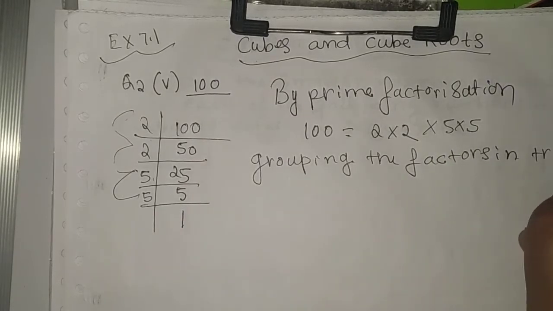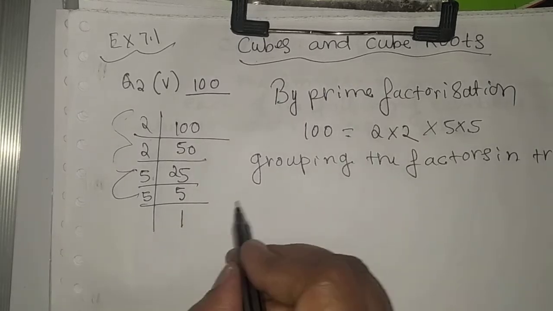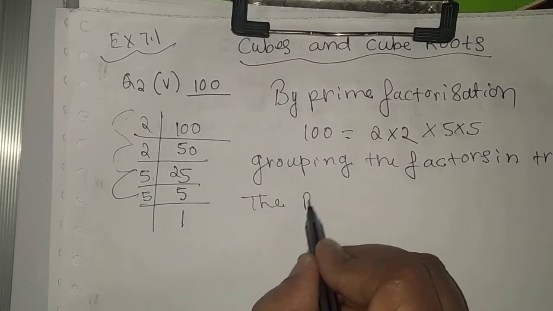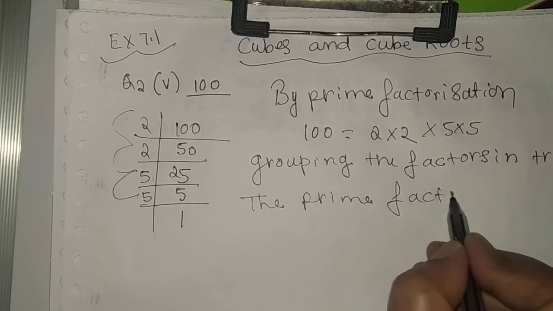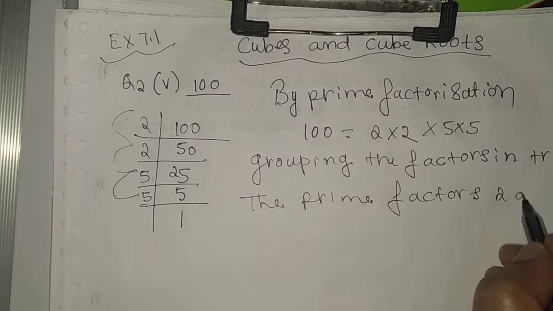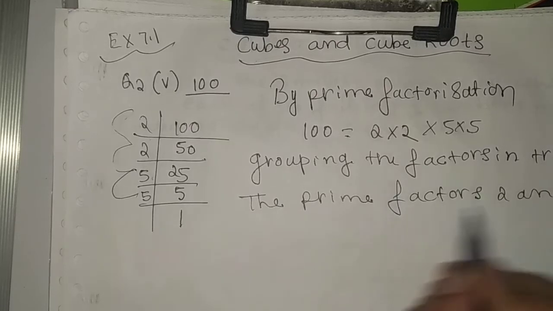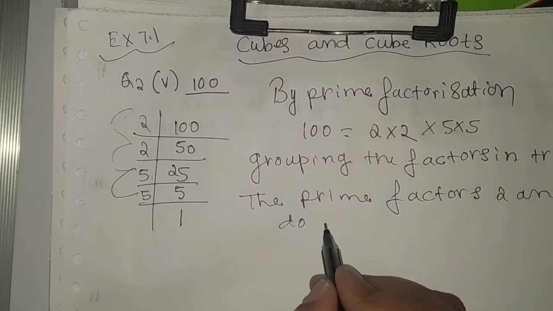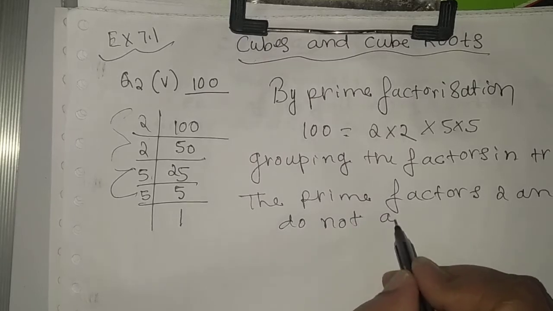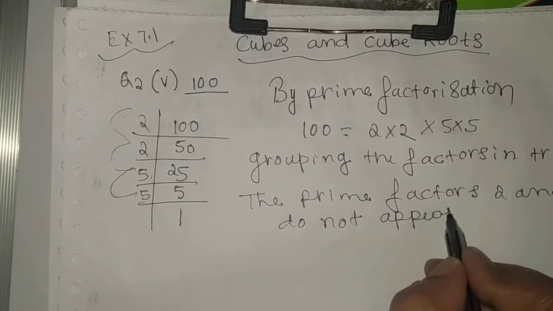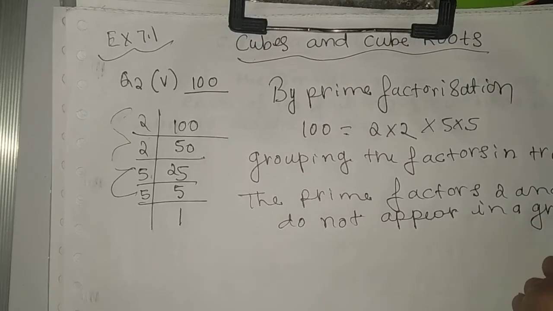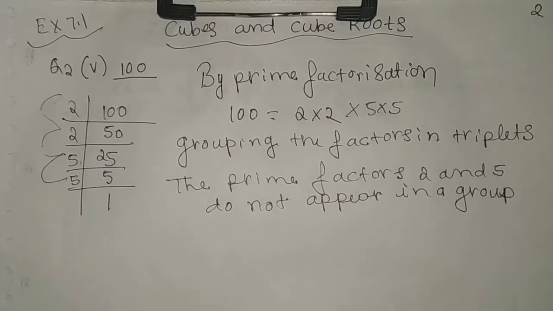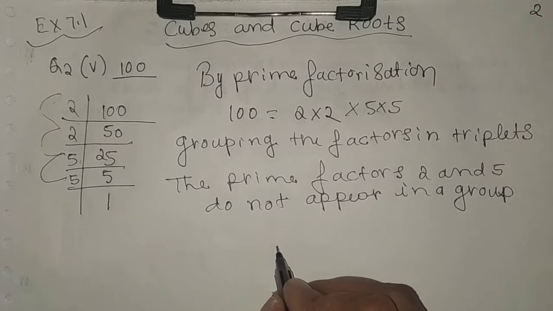There are no triplets here. So the prime factors 2 and 5 do not appear in a group of 3.